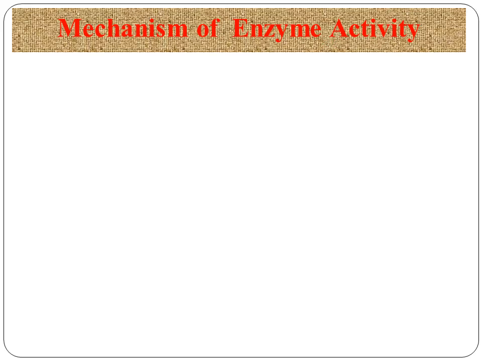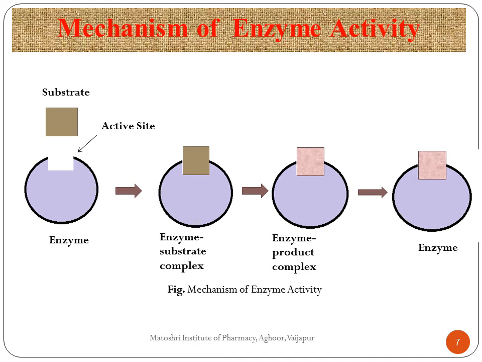So, the main mechanism of conversion of substrate into product mainly involves the binding of the substrate to the active site of an enzyme. This is a very important step for the conversion of substrate into the product.